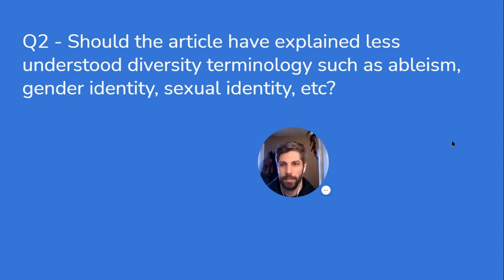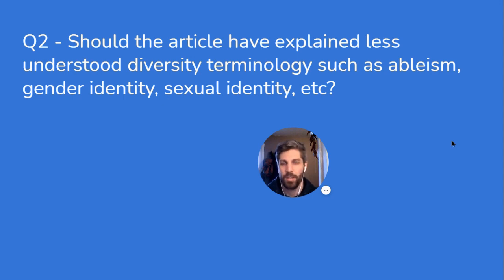Gender identity versus sexual identity. So gender is related to behavior. How one feels most comfortable behaving, their mannerisms, the way that they express themselves. So that's gender identity. Sexual identity is physical biology, so the parts that you have and that sort of thing.